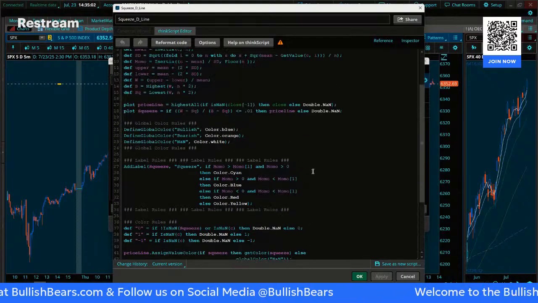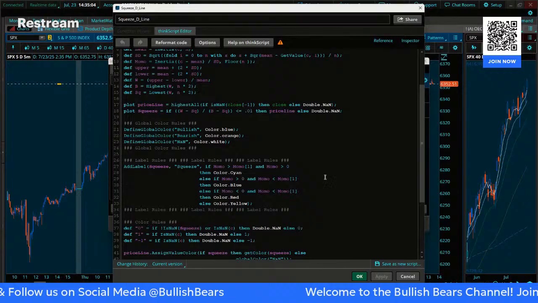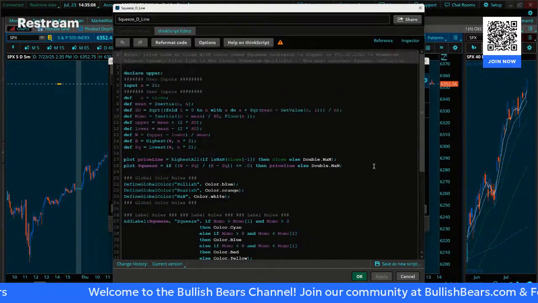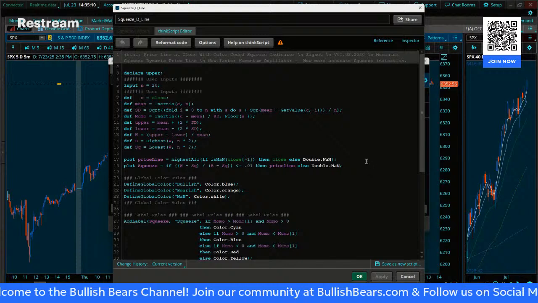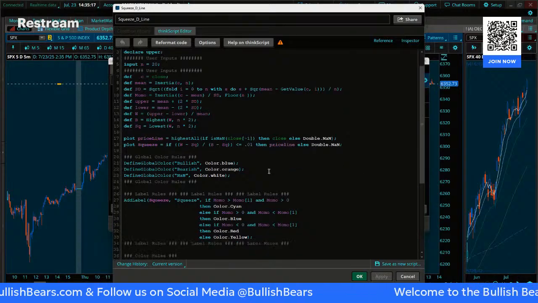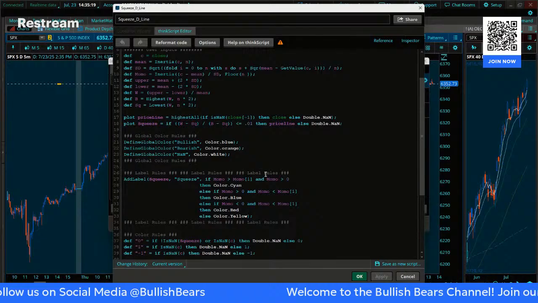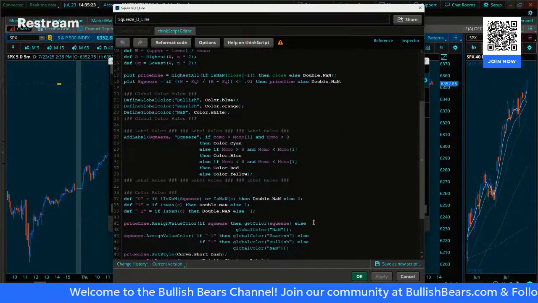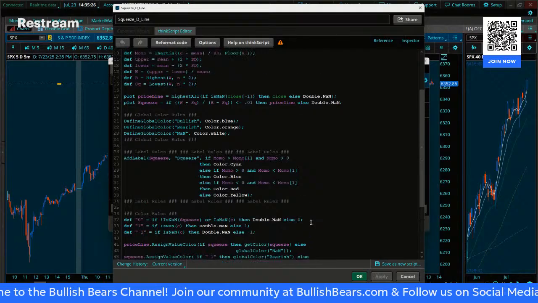The line changes color, so I was looking to see if there was a particular reason that I wrote in here for why the line started to change color. All right, the squeeze color.